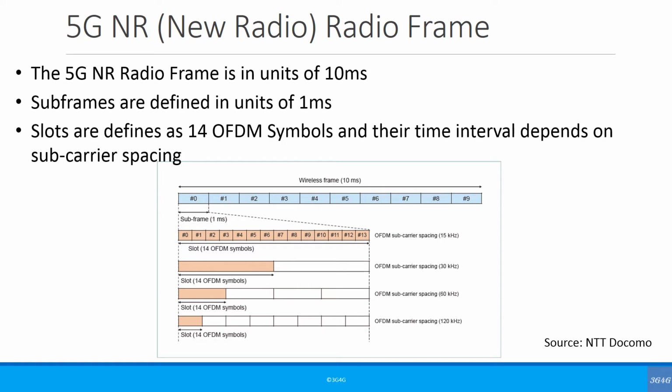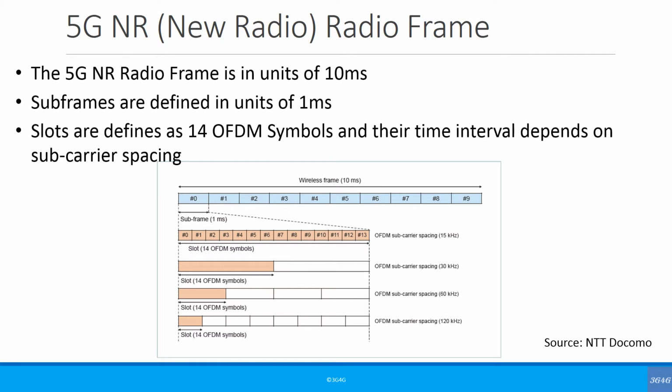So if you look at the picture below, if the OFDM subcarrier spacing was 15 kilohertz, the same as LTE, then you would have 14 OFDM symbols fitting one slot.